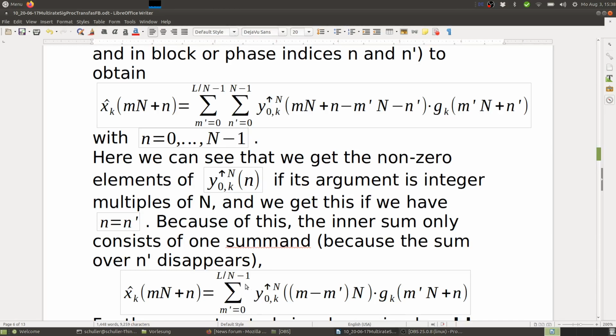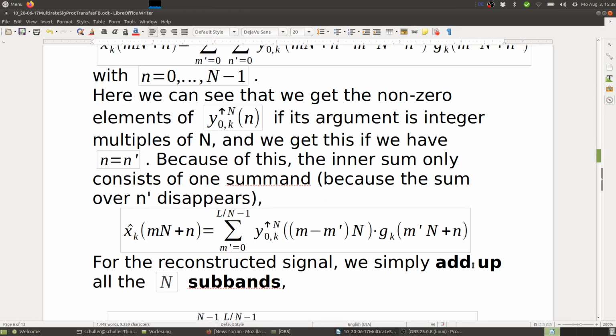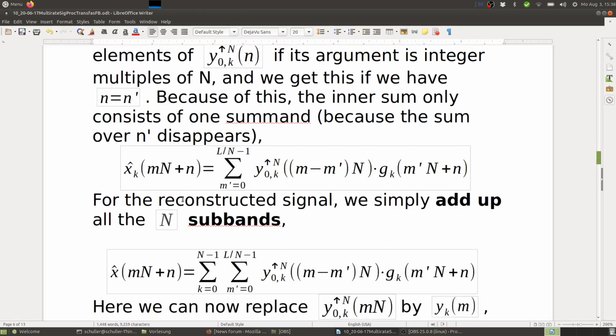And now this expression has the advantage that it only goes over the non-zero entries of y upsampled. Right? And for the reconstructed signal, we simply add up all the N subbands. So remember, this was just for subband k, so this is partially reconstructed, just coming from subband k.